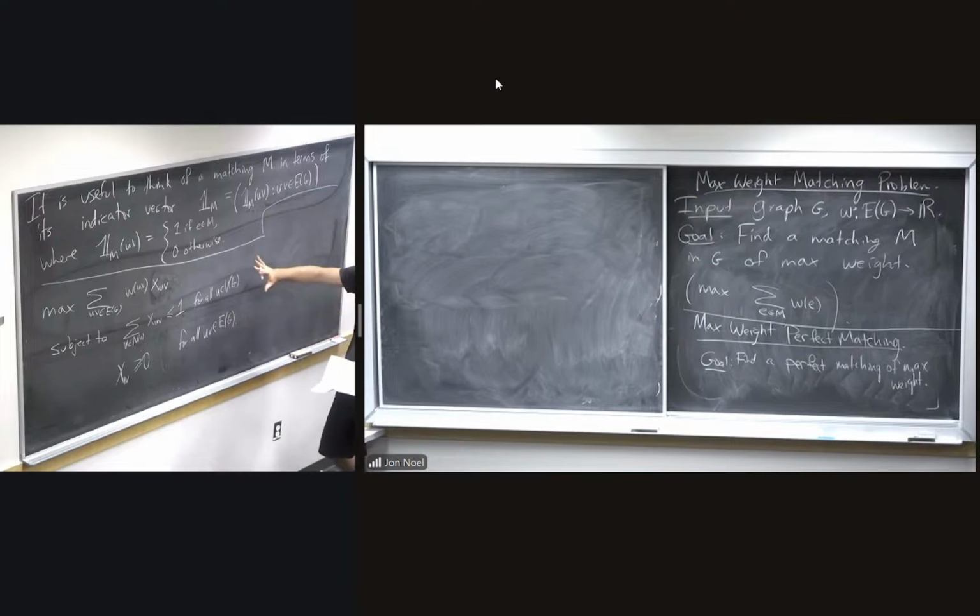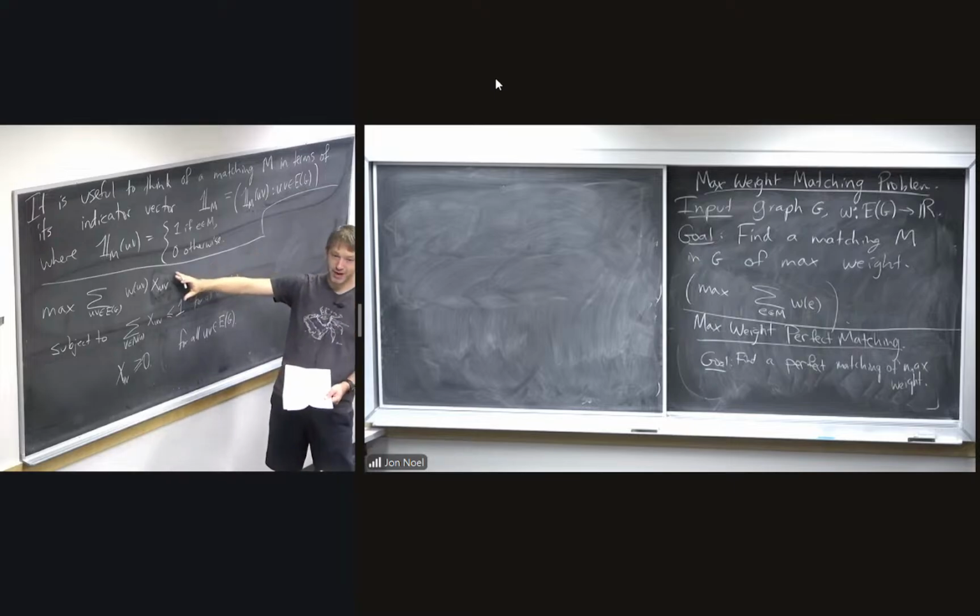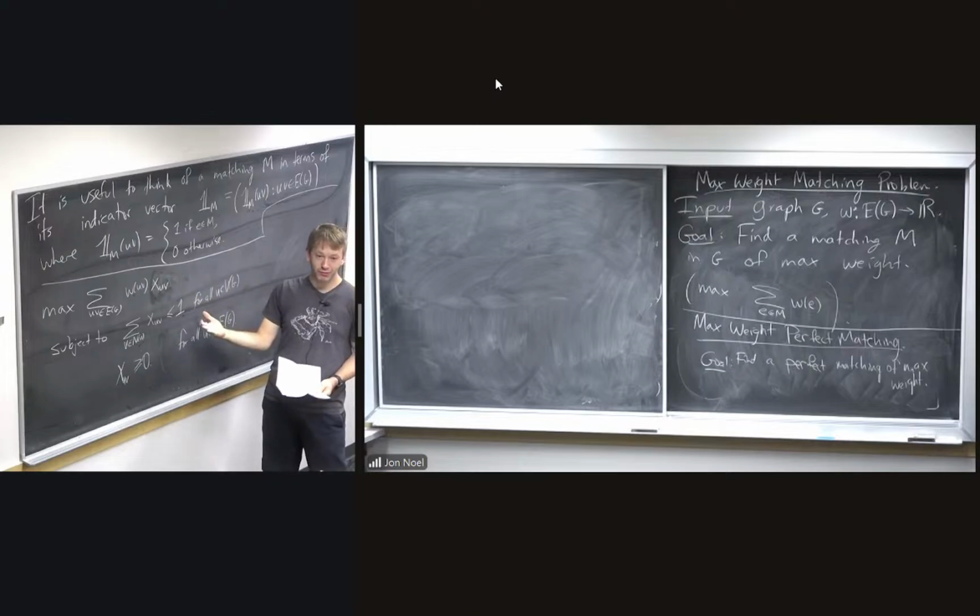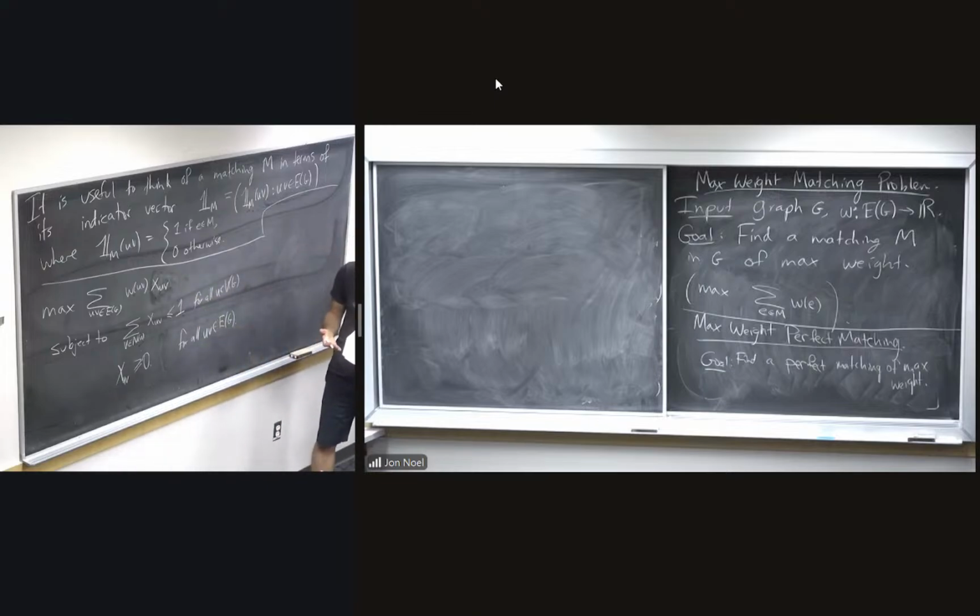But this gives us a linear programming approach to a matching problem. We can write this linear program and see what it gives you, but it may not actually solve the problem. Can anyone see why? If I solve this linear program, it may not actually solve the maximum weight matching problem.